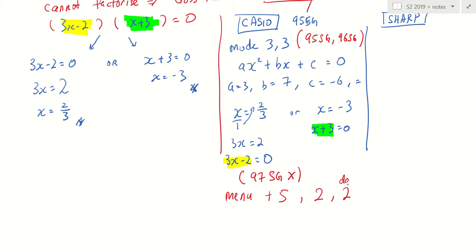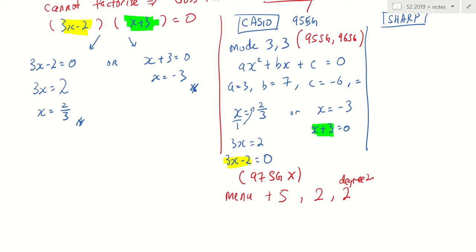Alright. Menu plus 5. Who is using 97 SG? Only one, Asha. So, menu plus 5, then press 2, then press 2, then you will see the ax squared plus bx plus c equals 0.